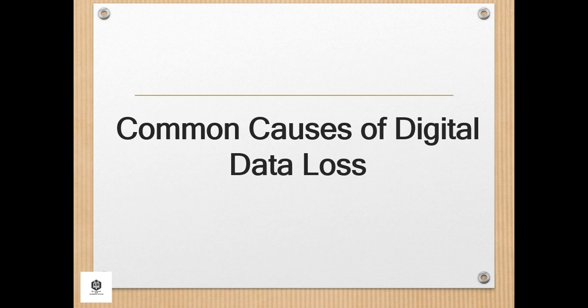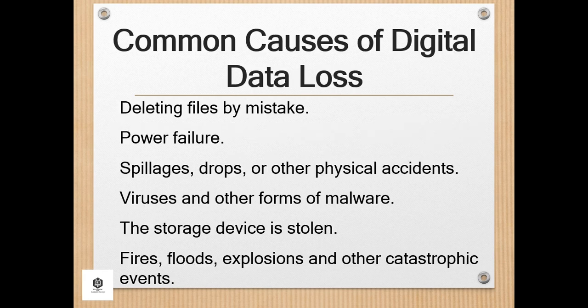Let's proceed and talk about the common causes of digital data loss for additional information on this topic. There are a number of ways that digital data can be lost. I've listed 6 of the most common ways. Generally speaking, the best way to protect data is to back it up in different places.